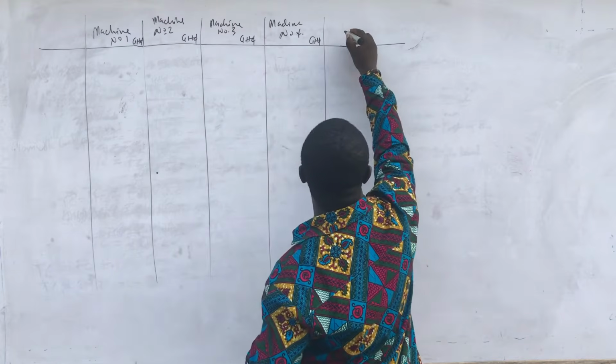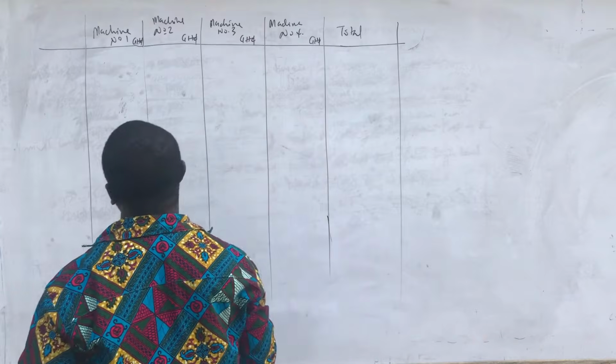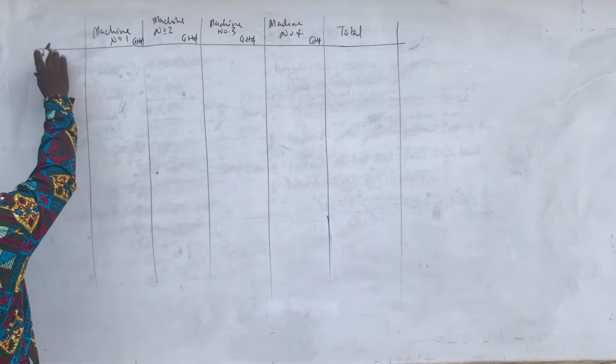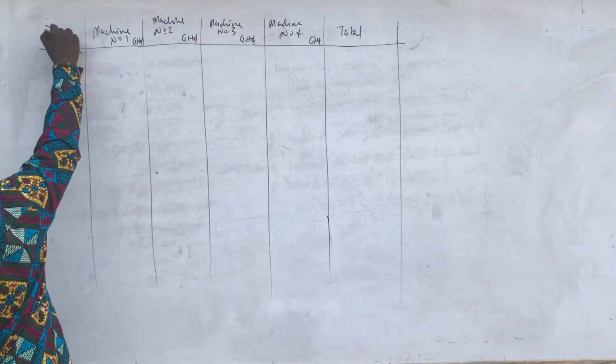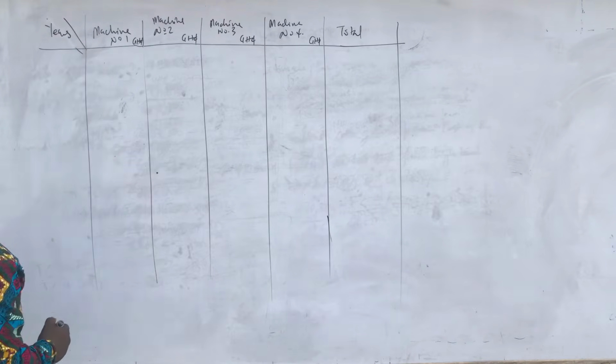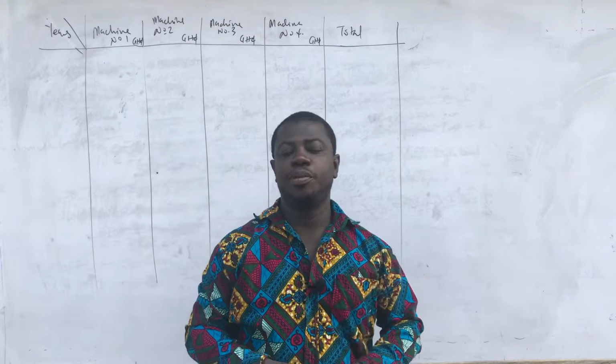And then I'll extend and call this place total. And then I'll use this place for the years. So I will say years. All right. And so this is how I'm going to go by my statement of depreciation.